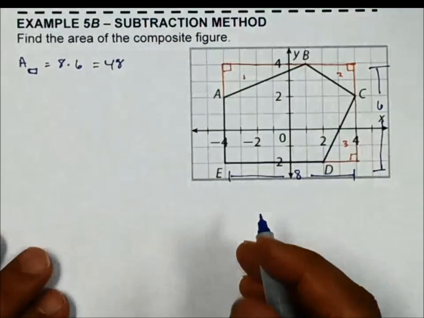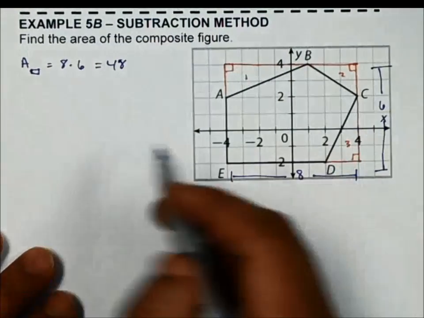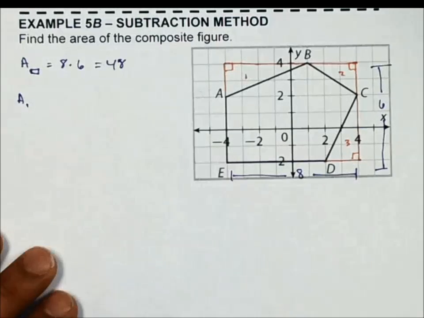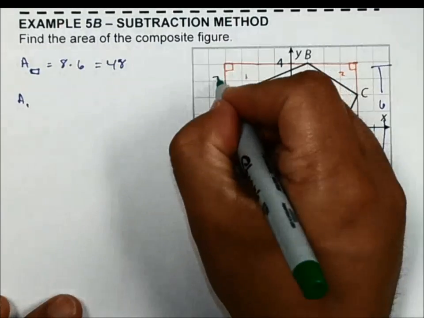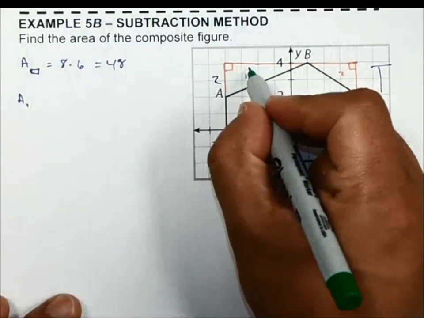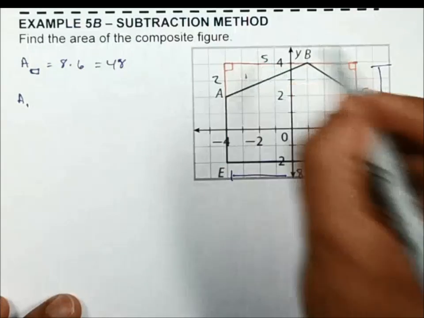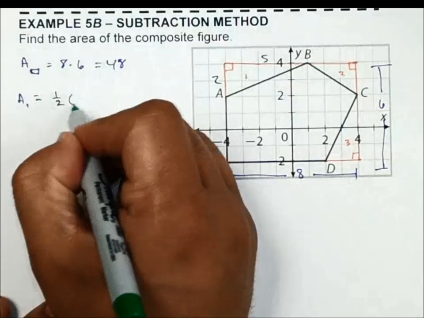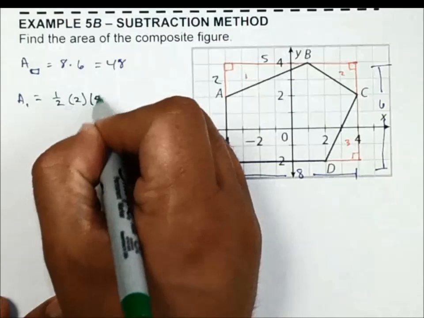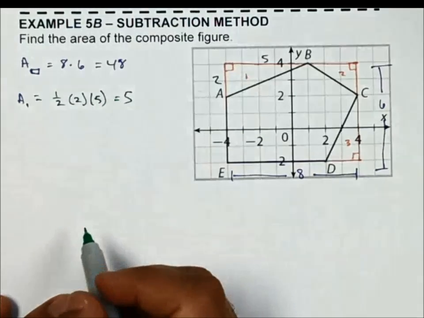All right. Then I want to calculate the area of each of these triangles. So the area of triangle 1: this is 2, and this is a distance of 5. So area 1 is 1/2 times 2 times 5, which comes out to be 5.